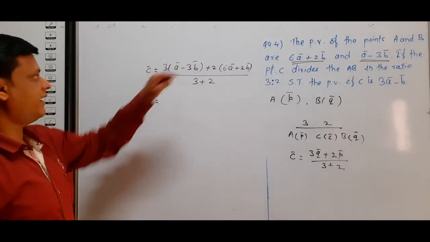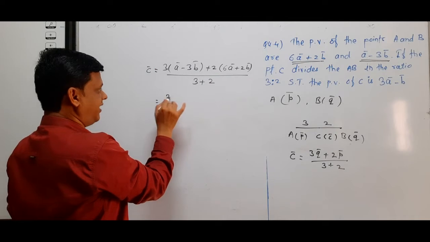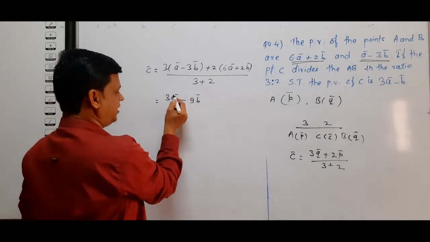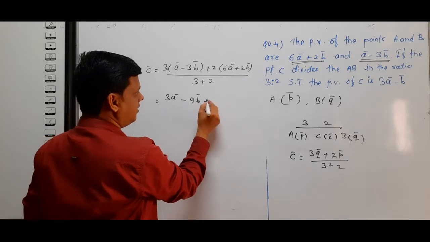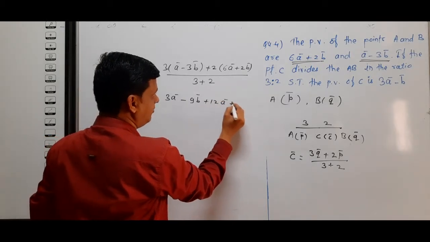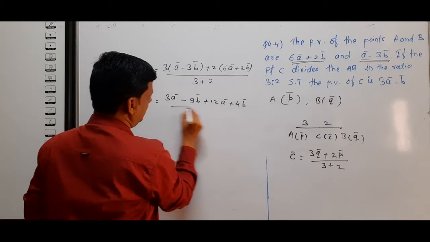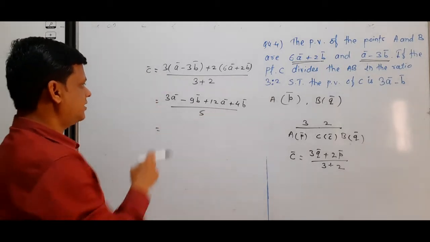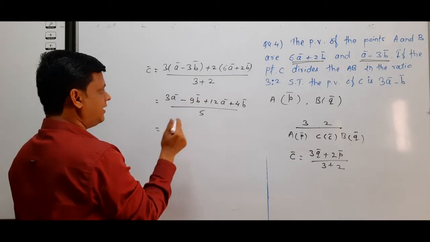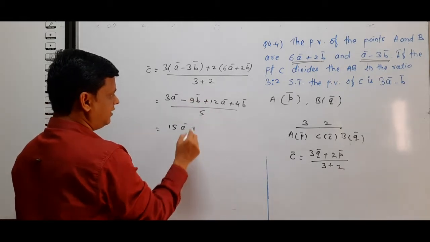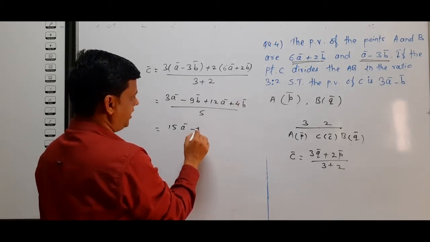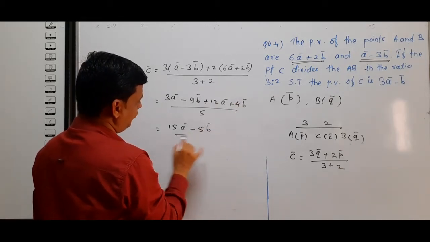Now multiply by 3 to the first bracket, we get 3a bar minus 9b bar plus 12a bar plus 4b bar upon 5. Now add the like terms. 3a bar plus 12a bar, so we write here 15a bar, minus 9b bar plus 4b bar, which we write here minus 5b bar, upon 5.